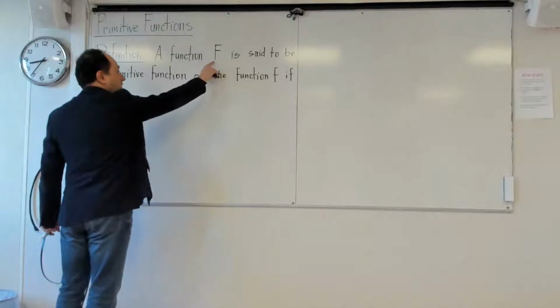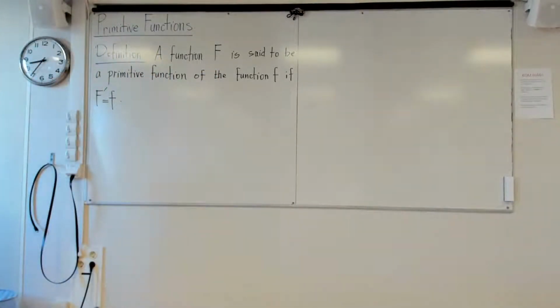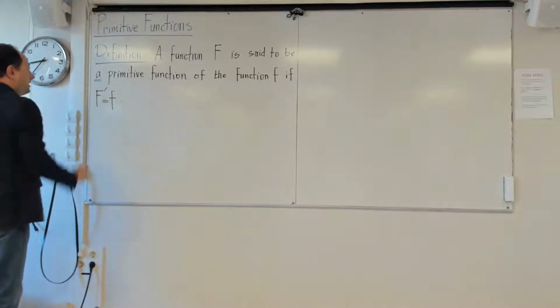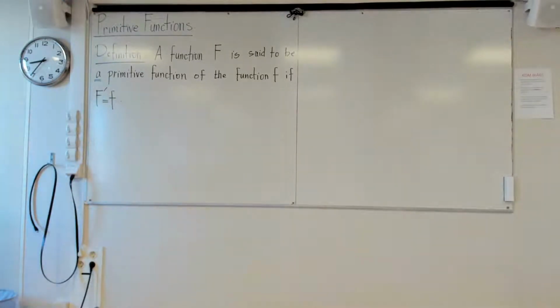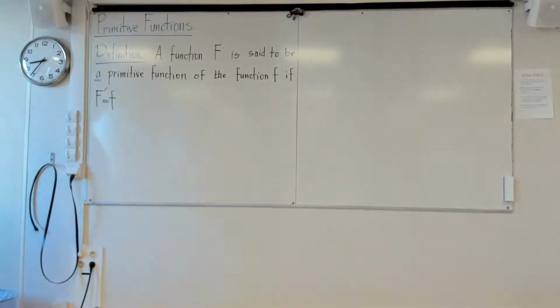So write the first one with capital F, the other one with lowercase letter f. So we say that a function capital F is said to be a primitive function of the function f if the derivative of the capital F is equal to the little f, as simple as that, yes?